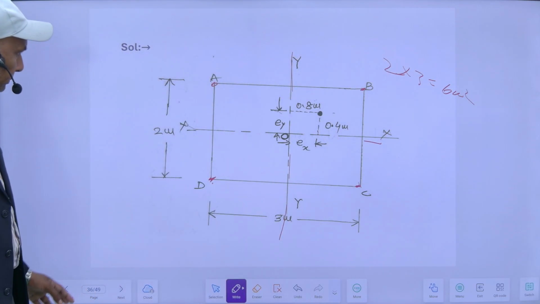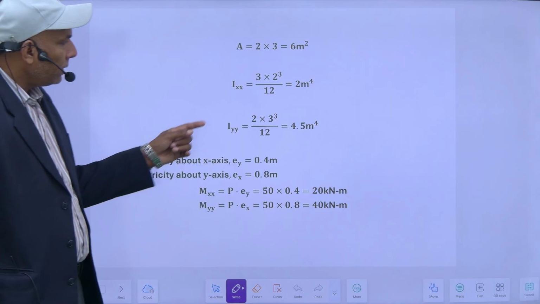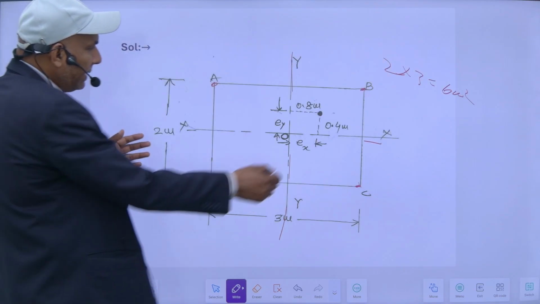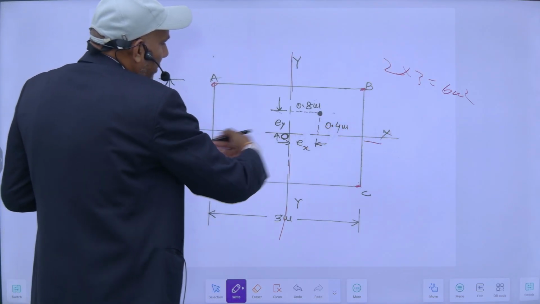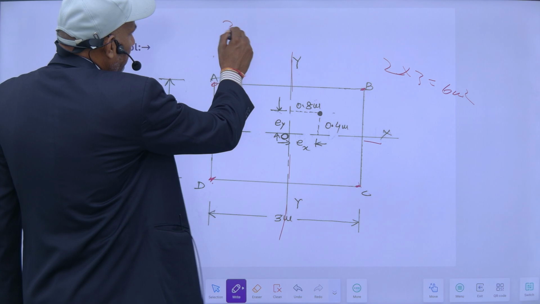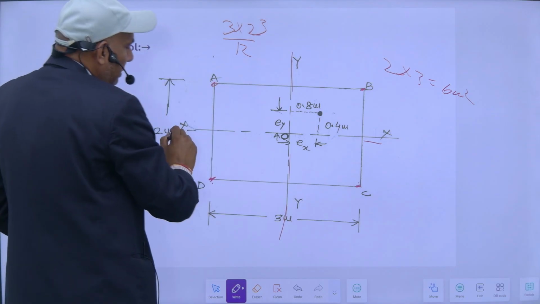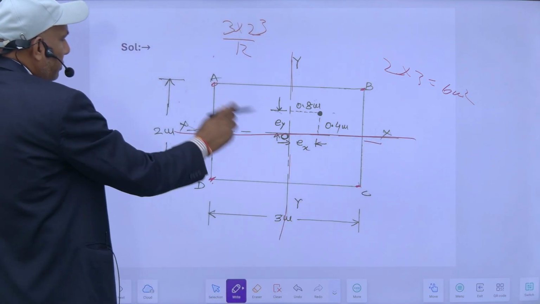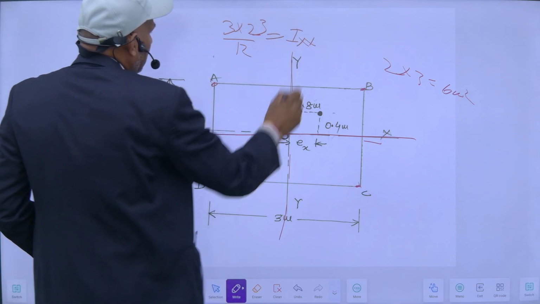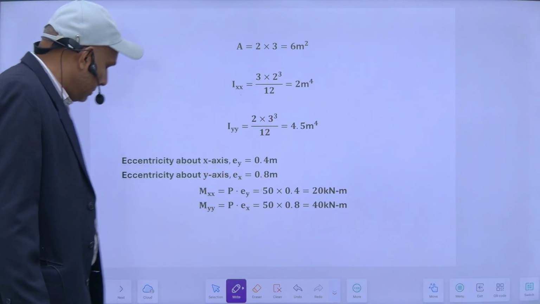And its moment of inertia about this axis, this is my x-axis, will be 3 into 2 cube divided by 12.